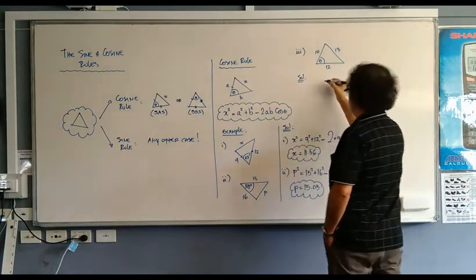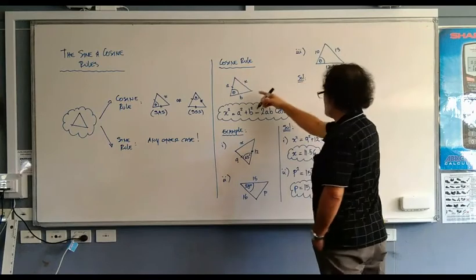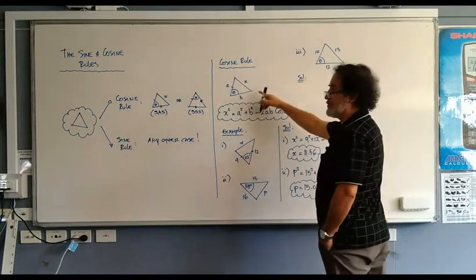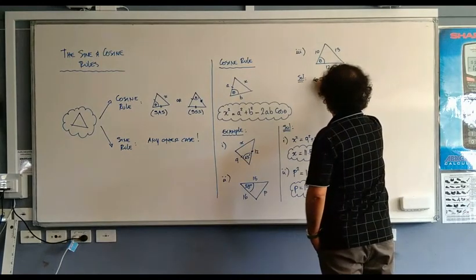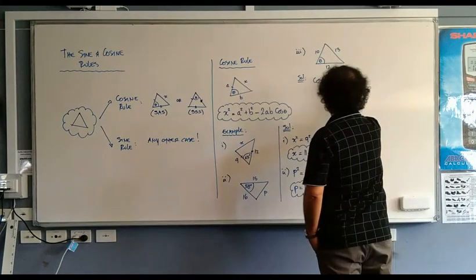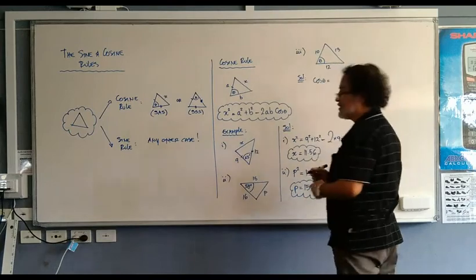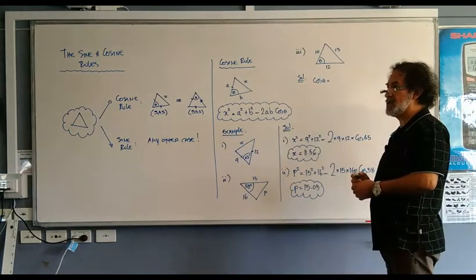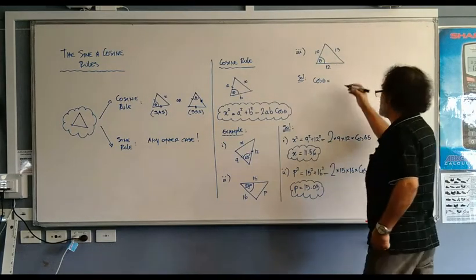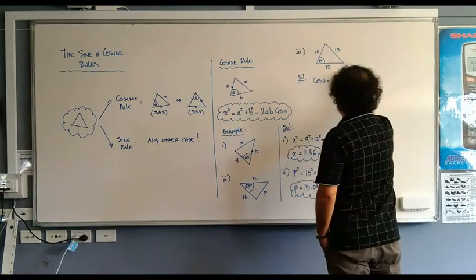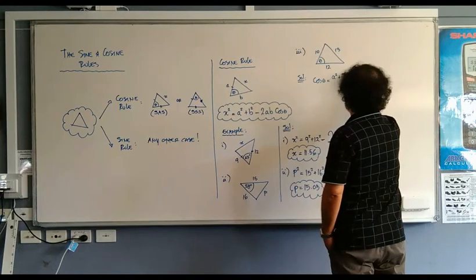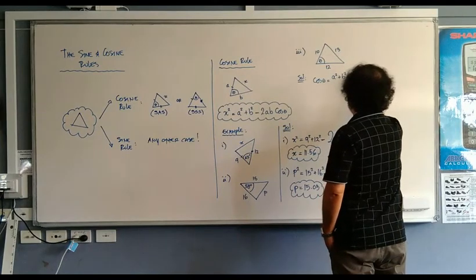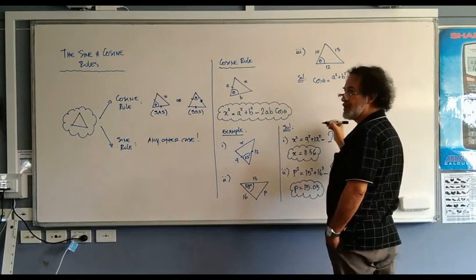Formula looks like this. So I'm using the same sort of picture. So we're going to have this. Cos theta is going to be equal to a square plus b square, and then minus the third side.